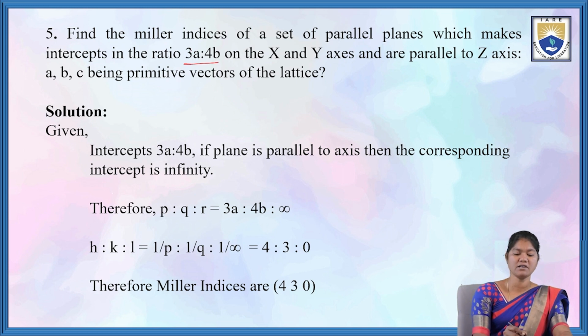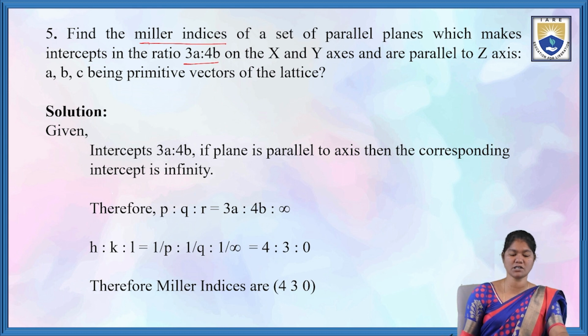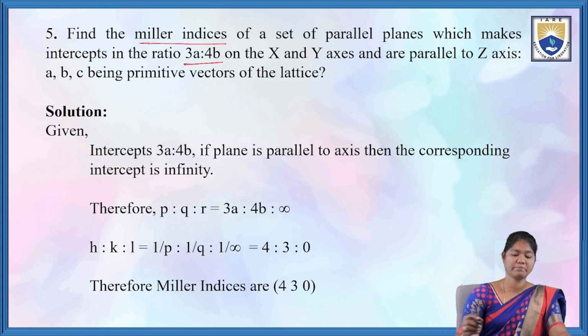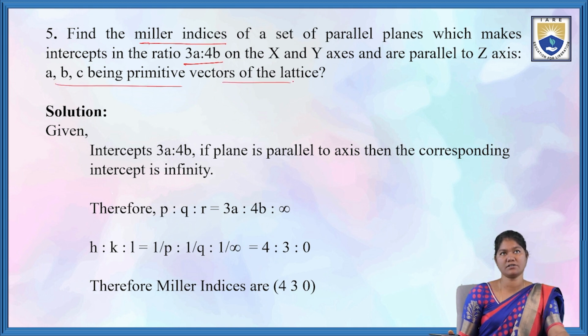So we need to find the Miller indices of a set of parallel planes which makes intercepts in the ratio 3a is to 4b on the x and y axis and are parallel to the z axis.